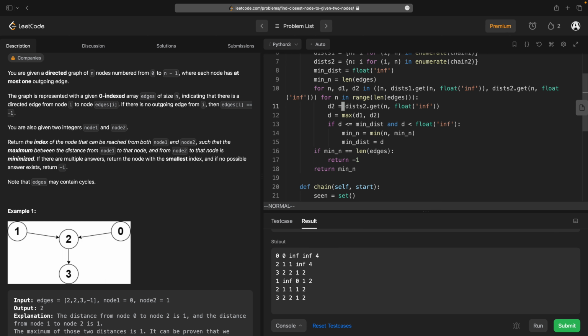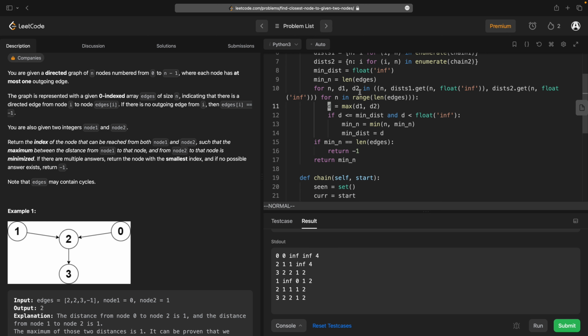So now what this should do, in fact, I don't even need to do that, do I? I can just turn that into a D. If I do, oops, max of this and this.